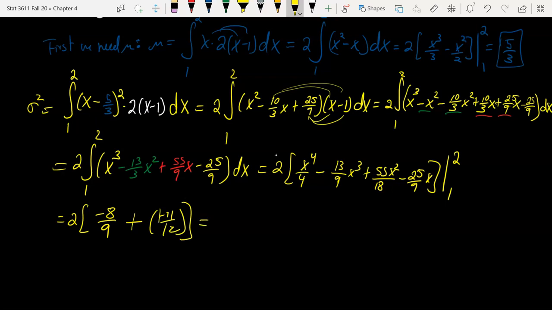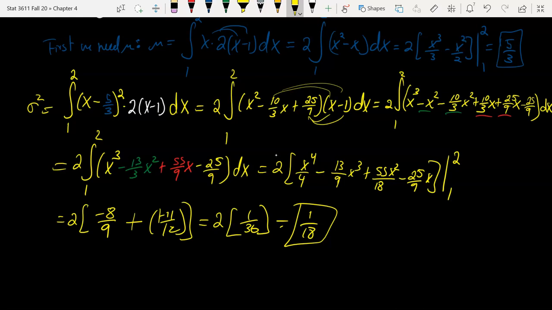This is going to become plus. So I've got negative 8/9 plus 11/12. That is 1/36. 2 times the 36th is 2 over 36. That is 1/18. Got it. 1/18. That is certainly a little bit messy, okay?